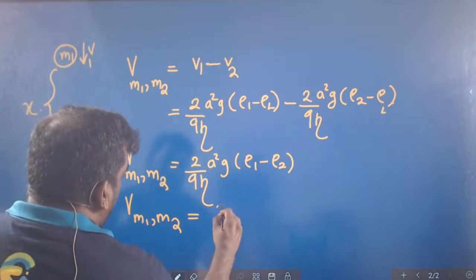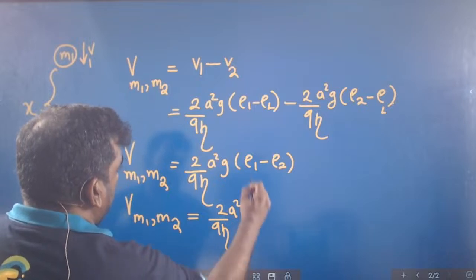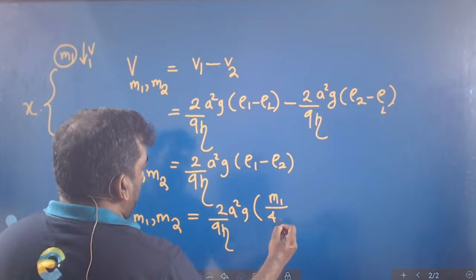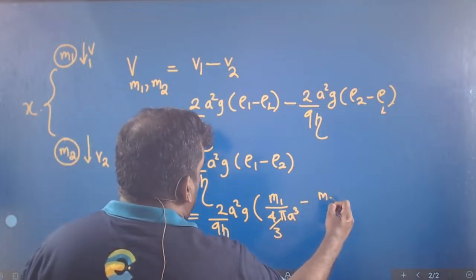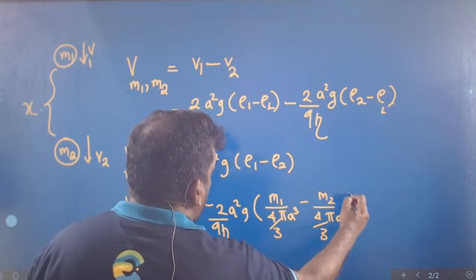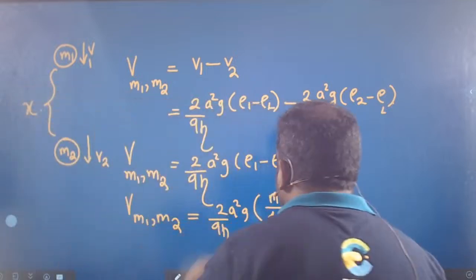So 2 over 9 eta a squared g. What is density? Mass over volume, 4 over 3 pi a cubed. Here m2 over 4 over 3 pi a cubed. Simplify this carefully.